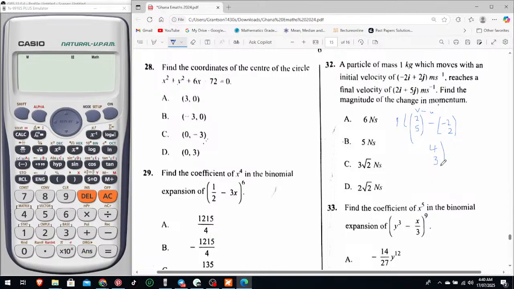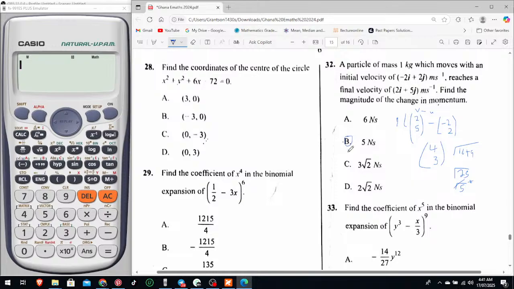Then find the magnitude. How do you find magnitude? Root of x squared plus y squared. So root of 4 squared, which is 16, plus 3 squared, which is 9, gives you root of 25, which is 5. Is that clear? So the answer is B.